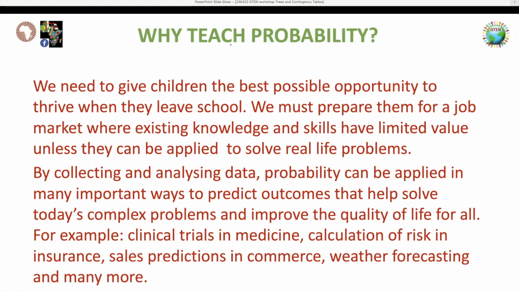And despite all this AI doom and gloom, it's humans that are controlling everything. And when you're collecting and analyzing data, probability and statistics can be applied in so many ways to predict outcomes, to do risk analyses.